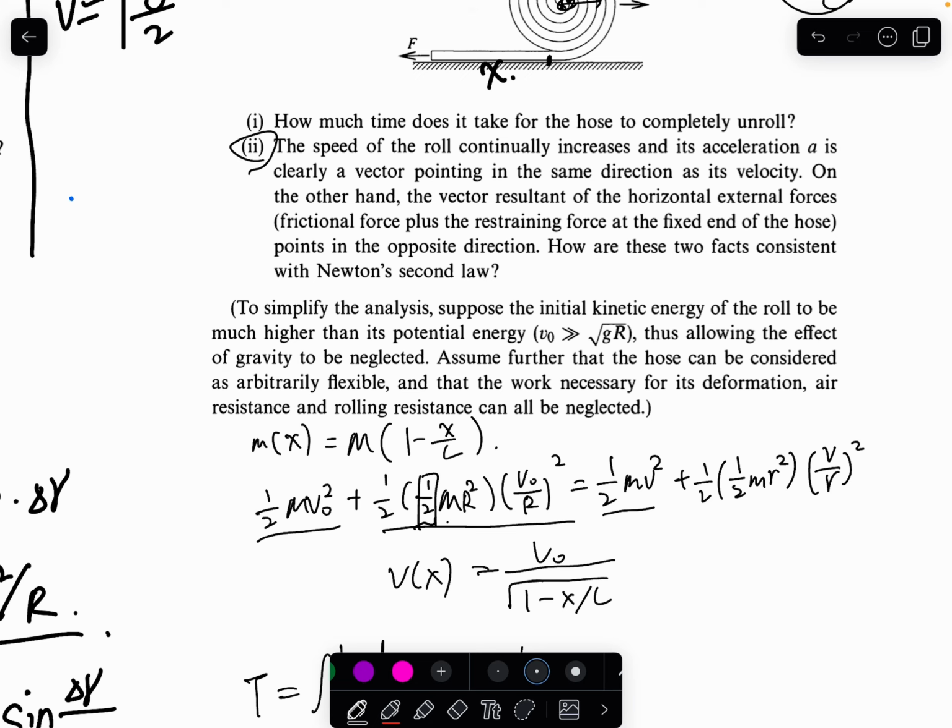It really seems a little bit confusing, but the system consists of a roll of decreasing mass and increasing speed. So does the total momentum really have the direction of rightwards? No, maybe not. So it cannot be considered as a point mass.